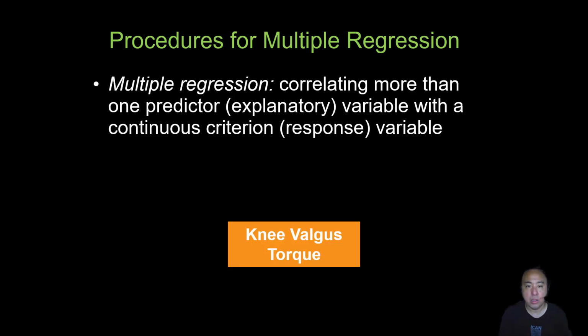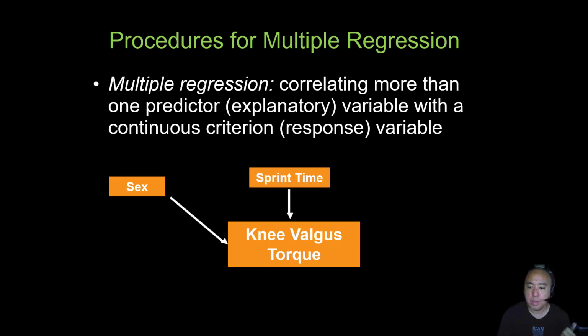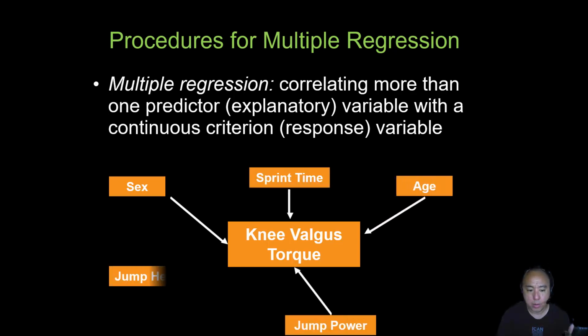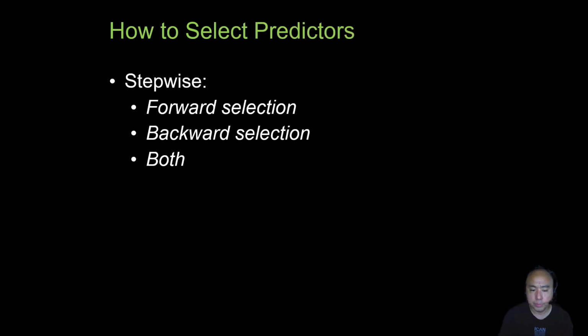So let's take, for example, knee valgus torque, which is a biomechanical indicator of ACL injury risk. And we know that it is dependent not only on sex, but also on sprint time, age, jump power, vertical jump height, etc. So we use a multiple regression analysis to determine the best combination that predicts or estimates knee valgus torque.